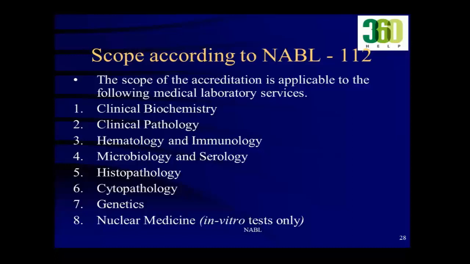Now that international document is a very general document: the sample has to reach the lab within a particular time frame, the sample has to be transported in a particular manner, the sample has to be received in a proper atmosphere. So these are general guidelines.